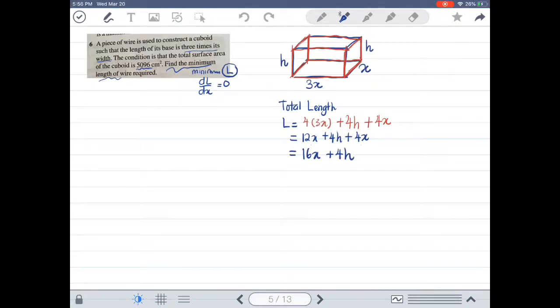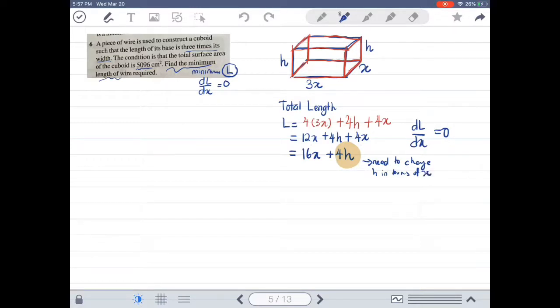And if we want to find the minimum value of L, we need to find dL over dx equals to 0. The problem is we have h here, so we need to change h in terms of x.